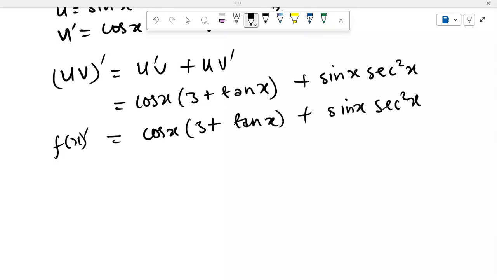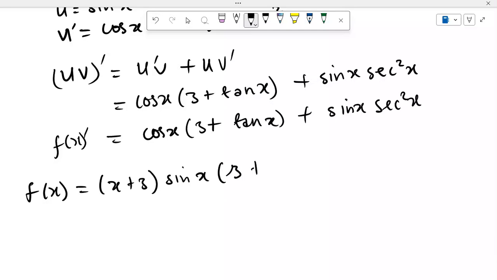The whole function is f of x, but we couldn't apply it directly because this function also requires product rule for us to find.